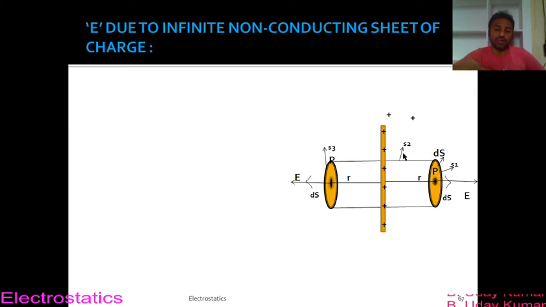It is cylindrical, but in the figure it looks like a rectangle. It is not a rectangle, but rather a curved surface. And the other surface is S3, which is present on the left side of the sheet of charge. So this entire cylinder has three surfaces now.